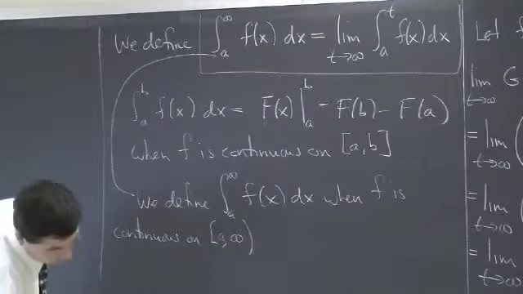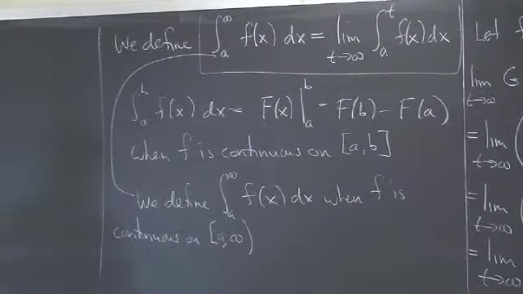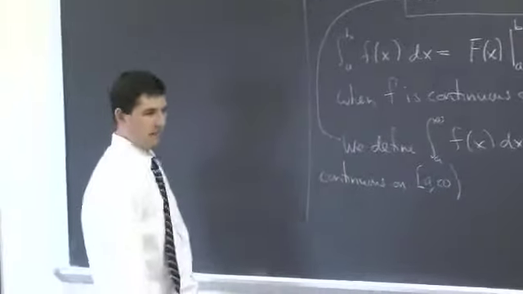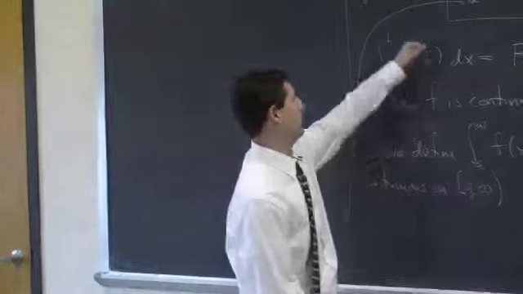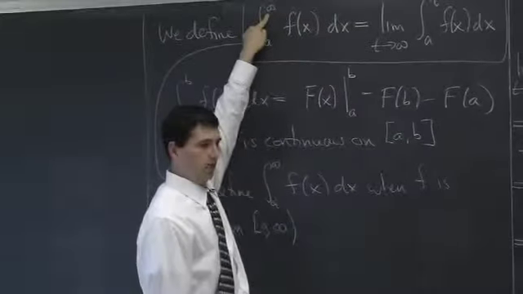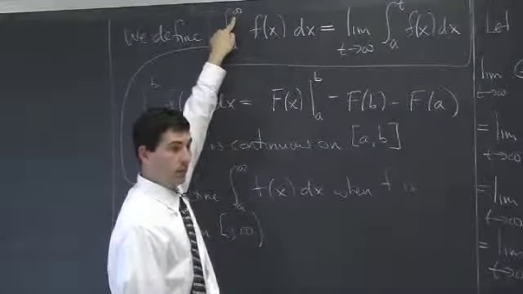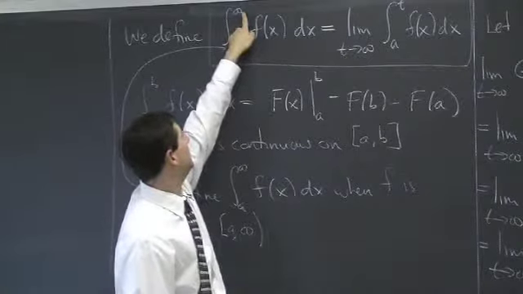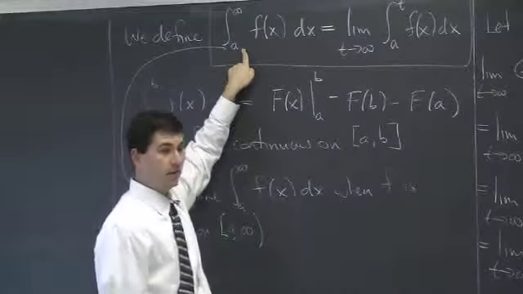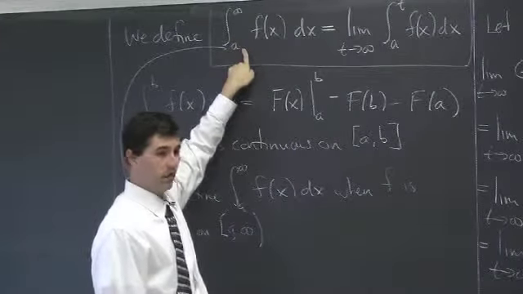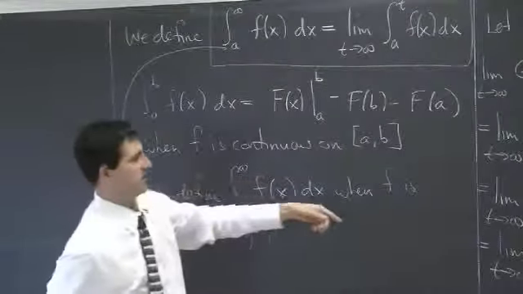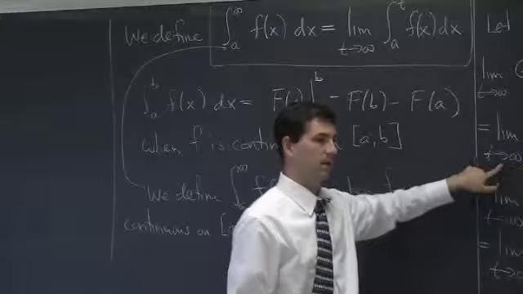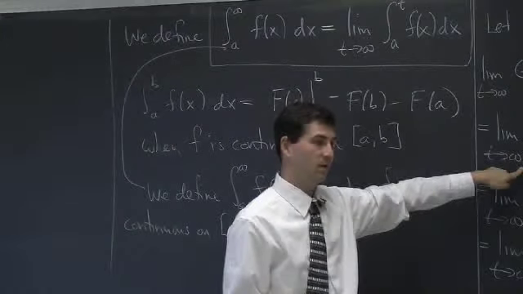Now, there is nothing special about going from a to infinity. We could go the other direction. We could go from b down to minus infinity, and everything's going to be the same. We just have to switch everything up. Instead of t going to infinity, t will go to minus infinity.